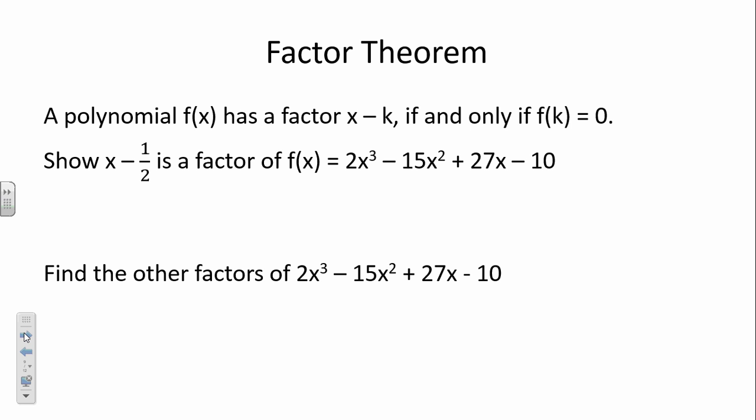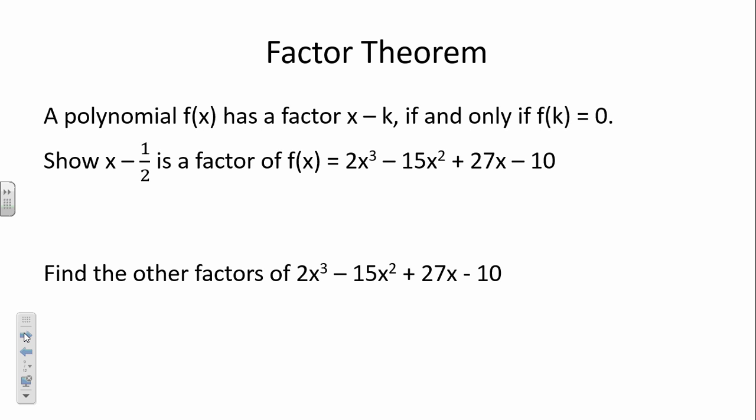Get the kinks out. All right, so a polynomial f of x has a factor of x minus k if and only if f of k is equal to 0. Okay, we plug in this number and we get a 0. So we want to show that x minus 1/2 is a factor of 2x cubed minus 15x squared plus 27x minus 10.